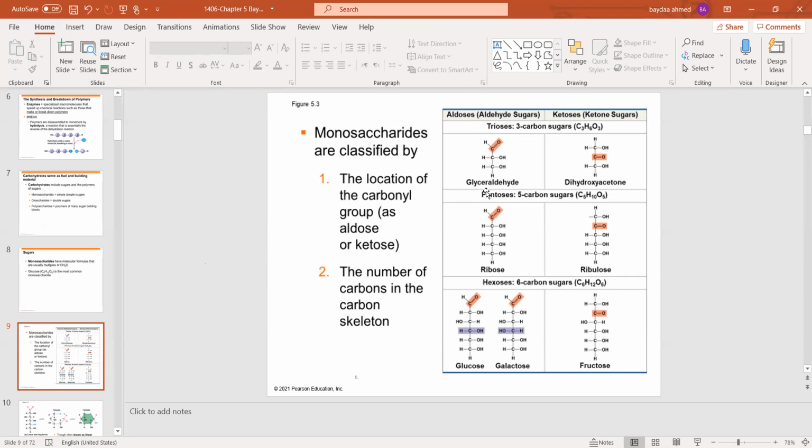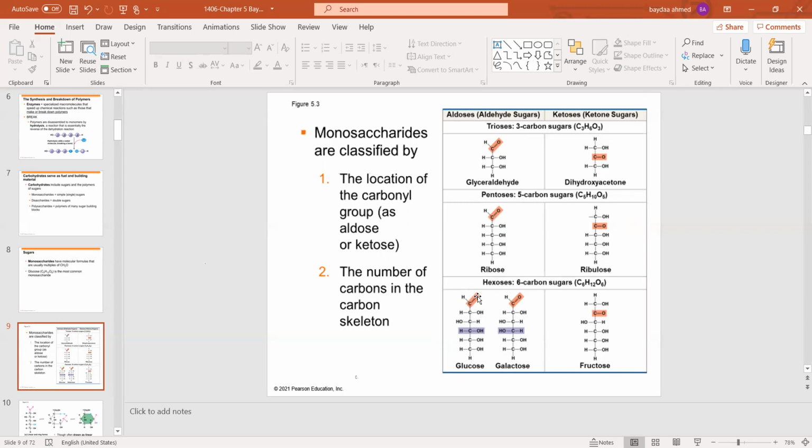You remember that if the carbonyl group is at the end of glucose or the sugar, we call this aldose. If the carbonyl group is within the carbon skeleton, it's ketone. So glucose is aldose.